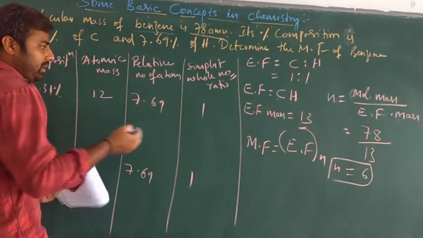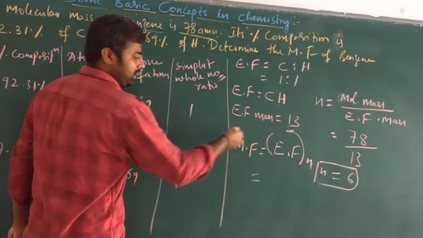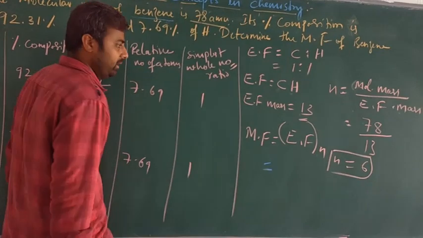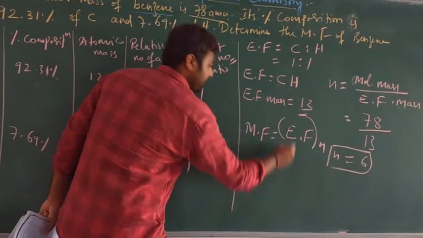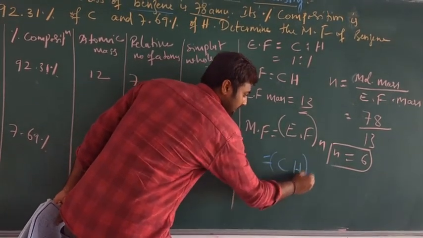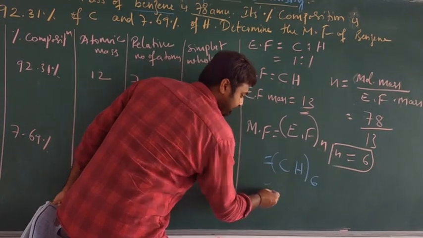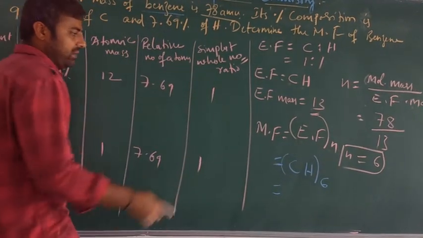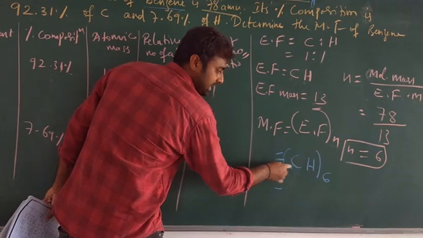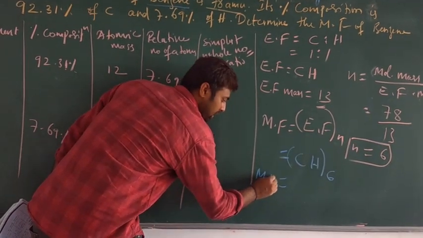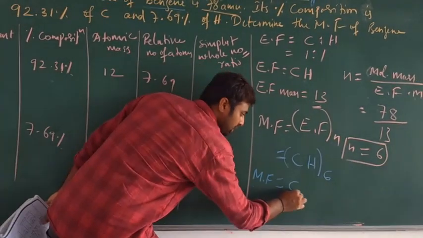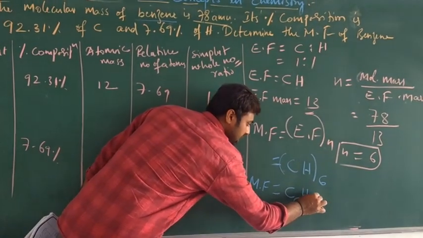Then you can easily calculate the molecular formula of benzene. Empirical formula is CH and the value of n is 6. You have to multiply this 6 with each element. Then the molecular formula of benzene equals C6H6.